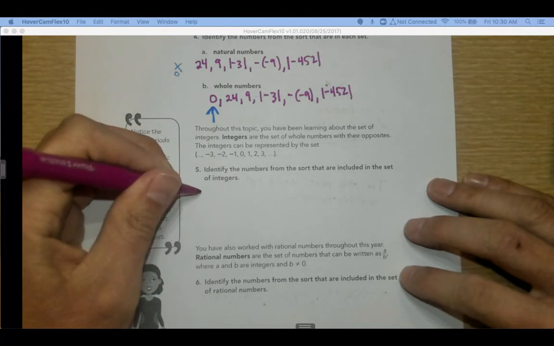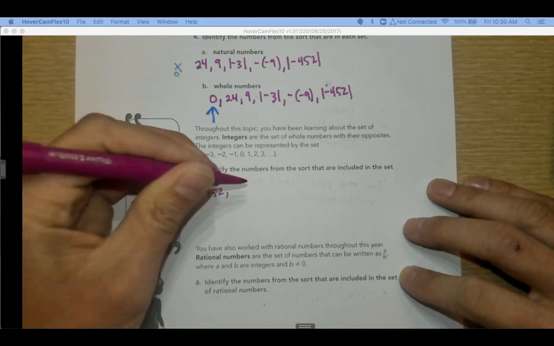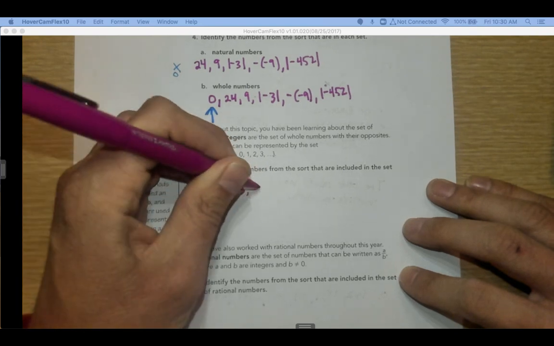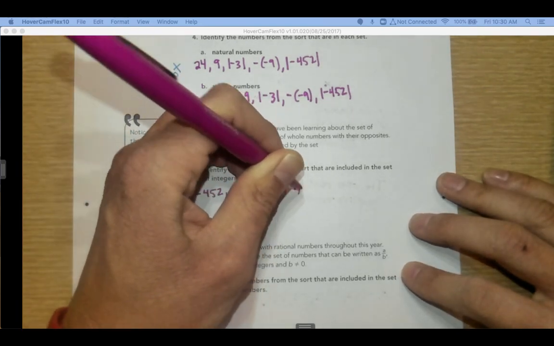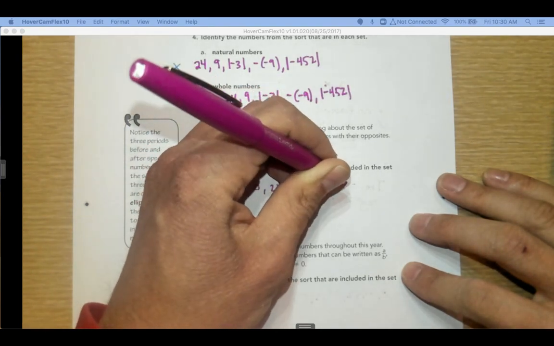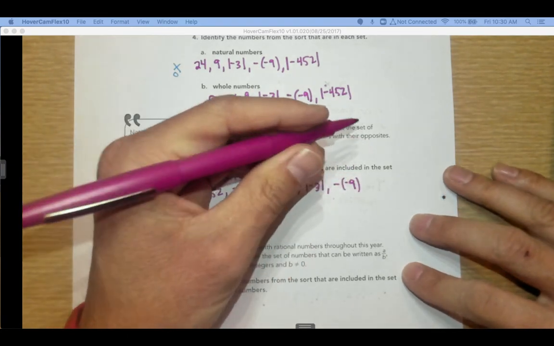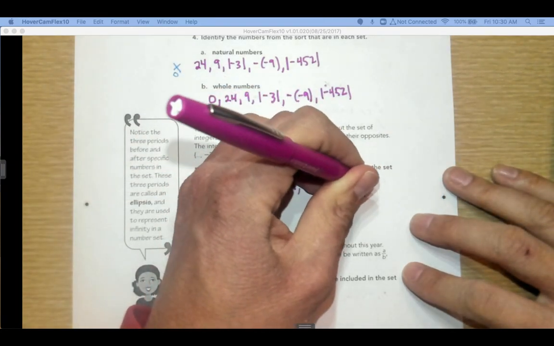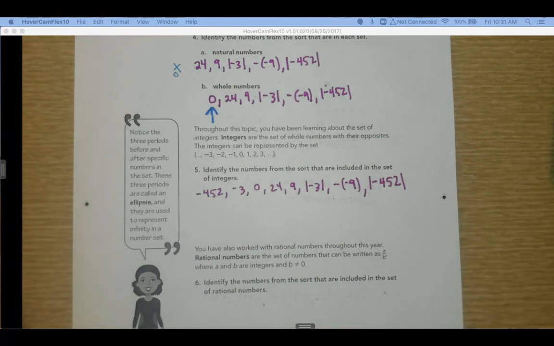So we would have negative 452, negative 3, 0, 24, 9, the absolute value of negative 3, the opposite of negative 9, which is positive 9, and the absolute value of negative 452, which is 452.